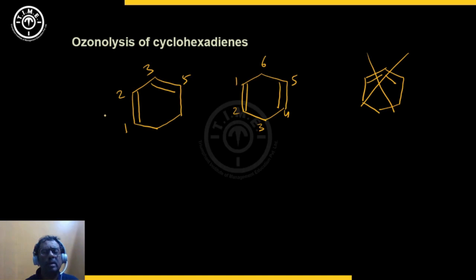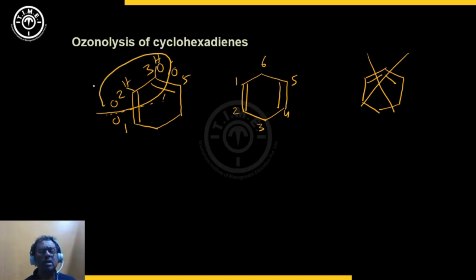Simply break the double bond on either side, attach O and O. Also here, attach O and O, and then check what this is. You have a hydrogen here, which you can put and show. That is glyoxal. This part is what? This part is having a 4-carbon system, is it not?